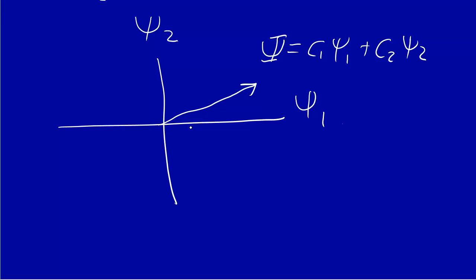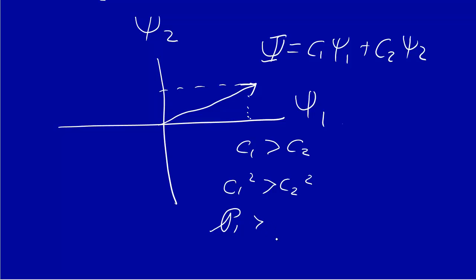Here we have a lot more of the first eigenfunction than we have of the second. So this means that the coefficient along this axis, C1, is greater than the coefficient along this axis, C2, which means that C1 squared will be greater than C2 squared, which means the probability of measuring the first eigenvalue will be greater than the probability of measuring the second eigenvalue. And you can sort of see this because this vector lies closer to this axis.